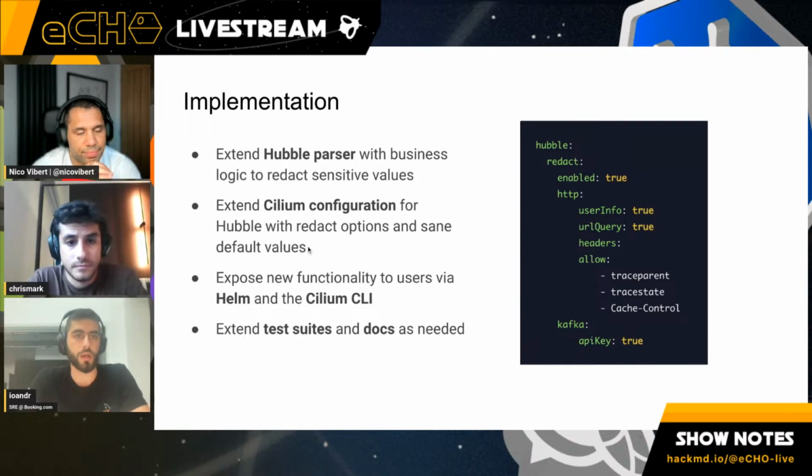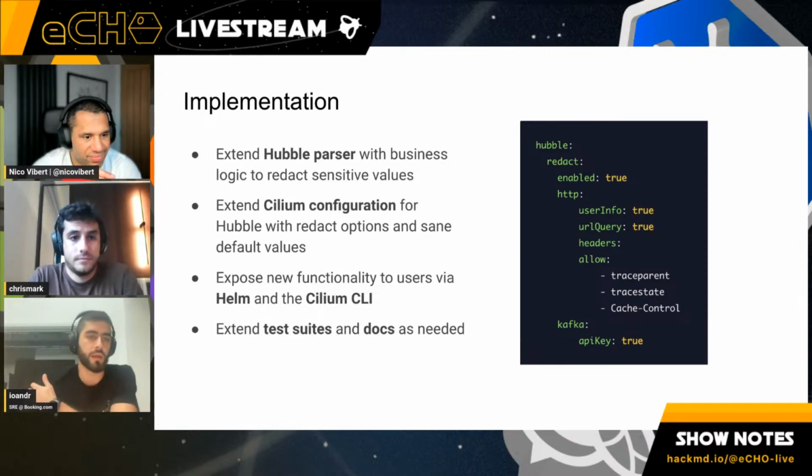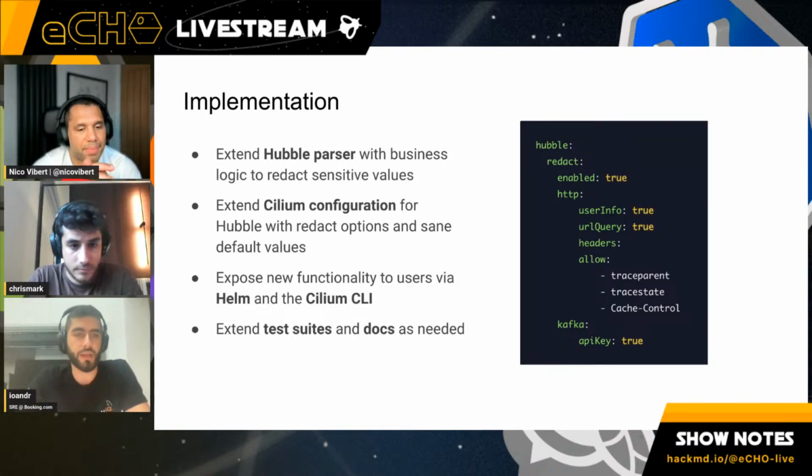We also had to extend the Cilium configuration, and also the Cilium CLI and Helm templates, because this is how we could expose this functionality to users. And finally, we extended existing test suites to make sure the code is properly tested, and documentation, because this is how users onboard, right?